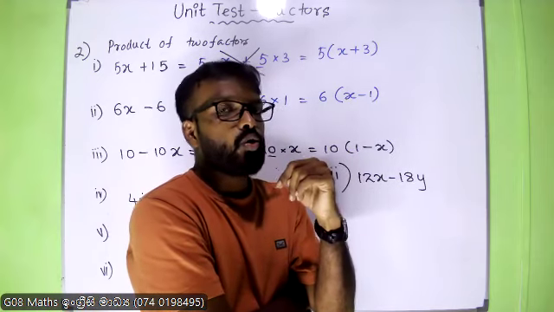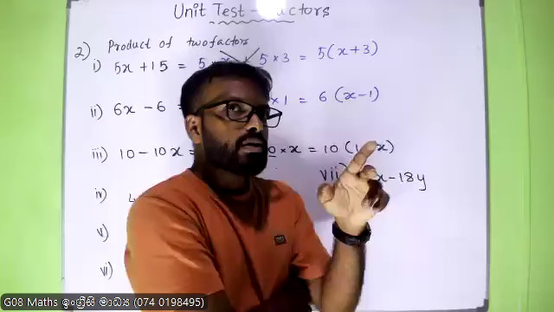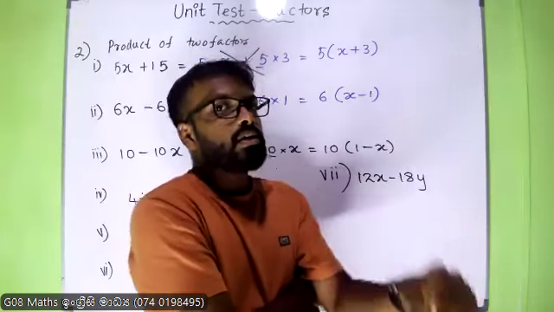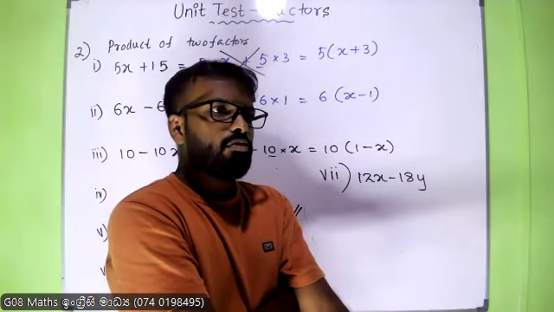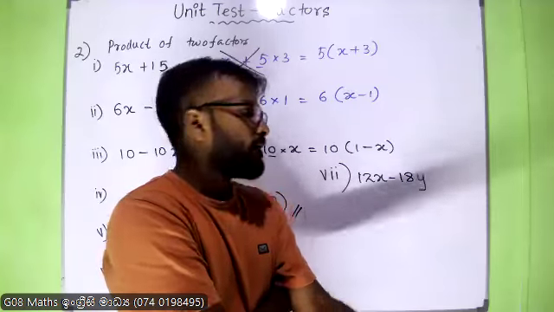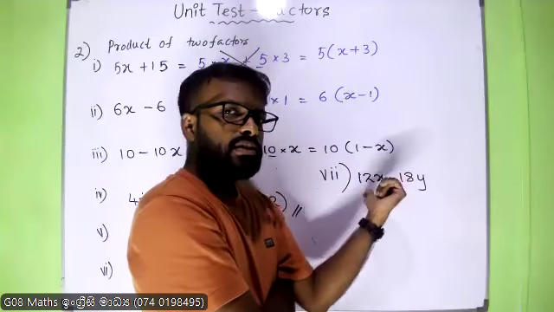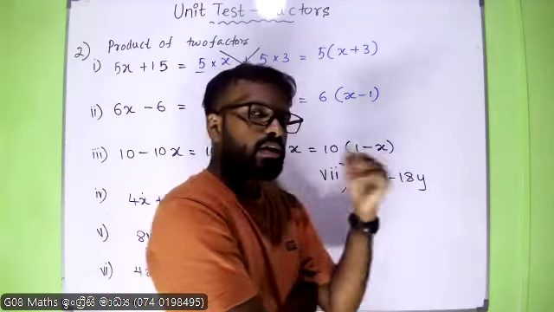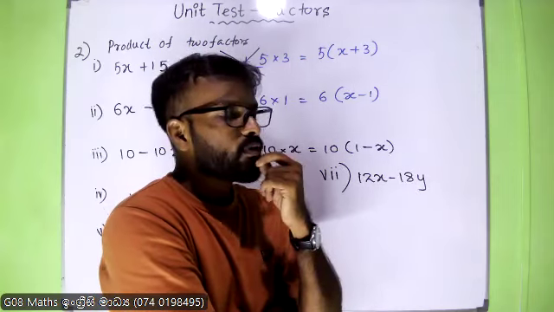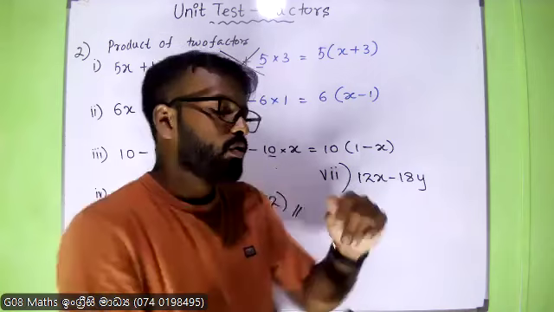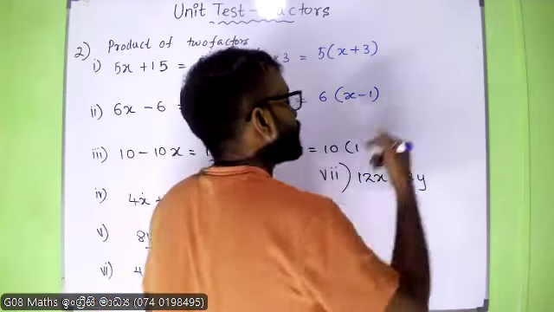No. Some might say, 3. 3 is the common factor. Now, there is a problem. Is 3 the highest common factor of 12 and 18? No. So how do we find the highest common factor?